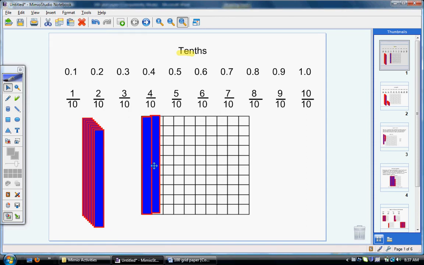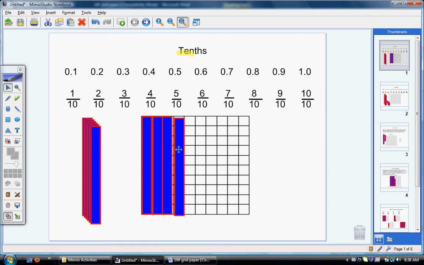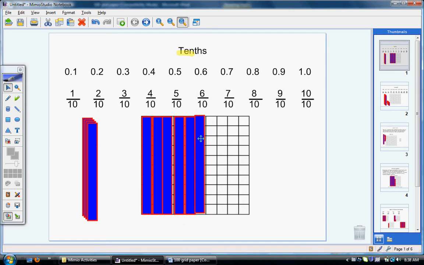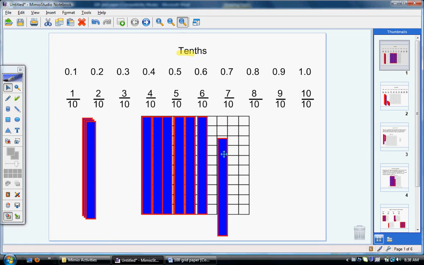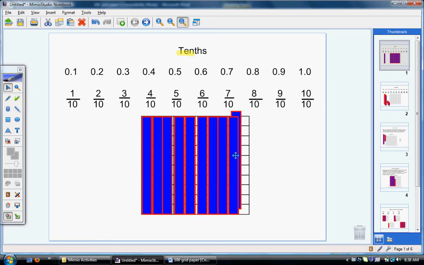When I have 2 of them, that would be worth 2/10. 3 of them would be worth 3/10, 4 of them 4/10, 5 of them 5/10, 6 of them 6/10, 7 of them 7/10, and 8 of them 8/10. This right here would be worth 9/10 because there are 9 of these rows colored in. And finally, when you have all 10 of them, 10 out of 10, you're back to 1 whole.